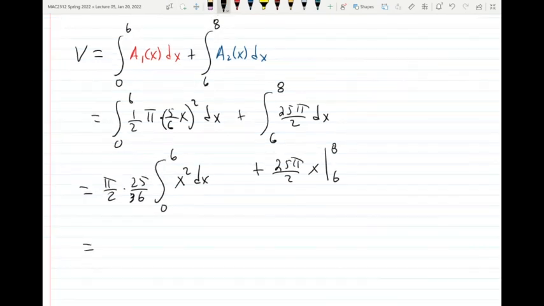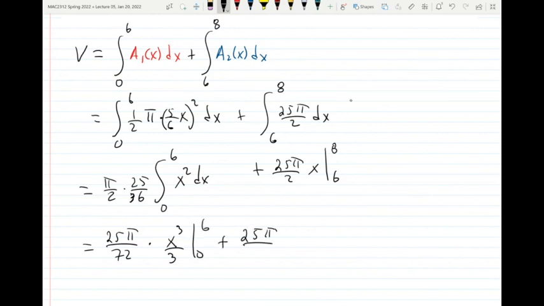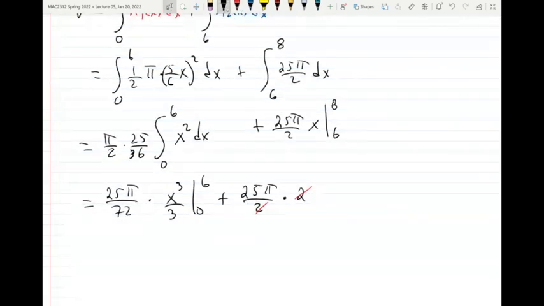All right. So we get 25 pi over 72 times x cubed over 3 from 0 to 6 plus 25 pi over 2 times. Now this would be 8 minus 6, which is 2, right? So these 2's here cancel.